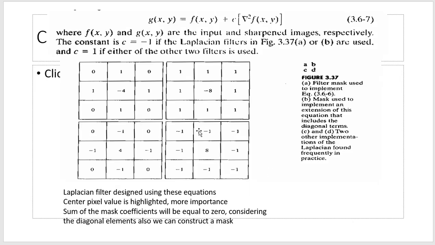So this is how you represent the filter mask. Filter mask is represented by g(x,y) is equal to f(x,y) plus c into ∇²f(x,y), where c represents the constant in the Laplacian filter and c value can be 1 or minus 1.